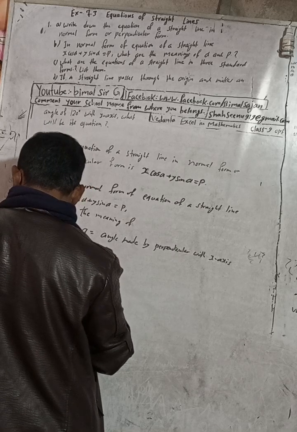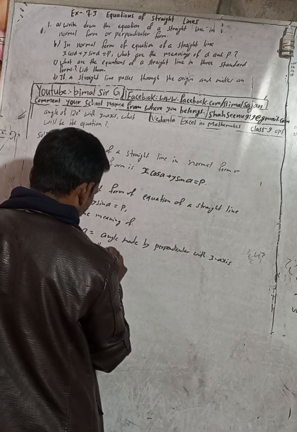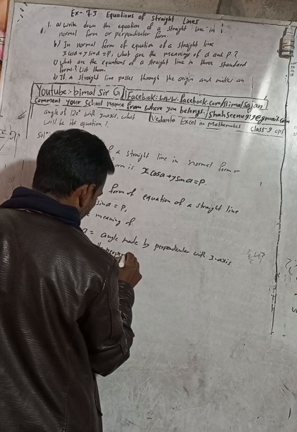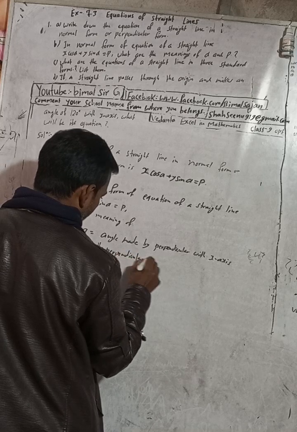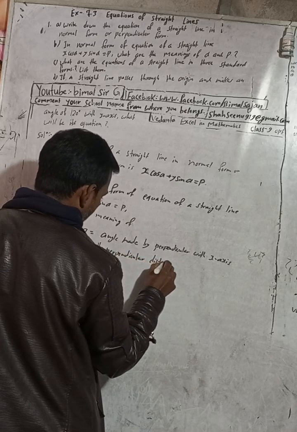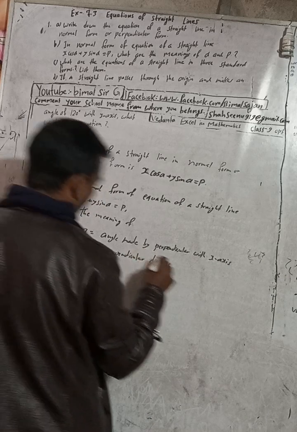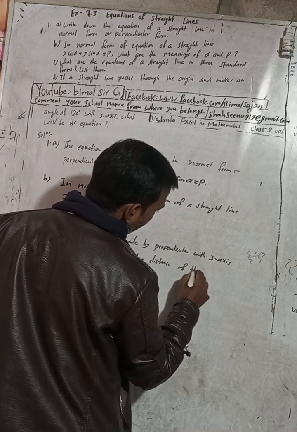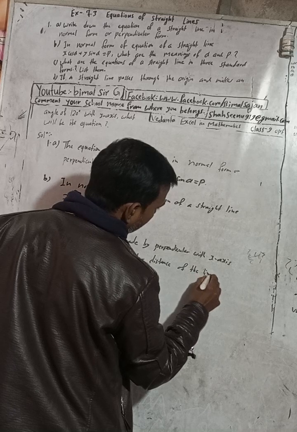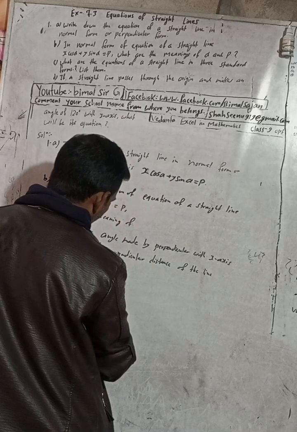P is the perpendicular distance of the line from the origin.